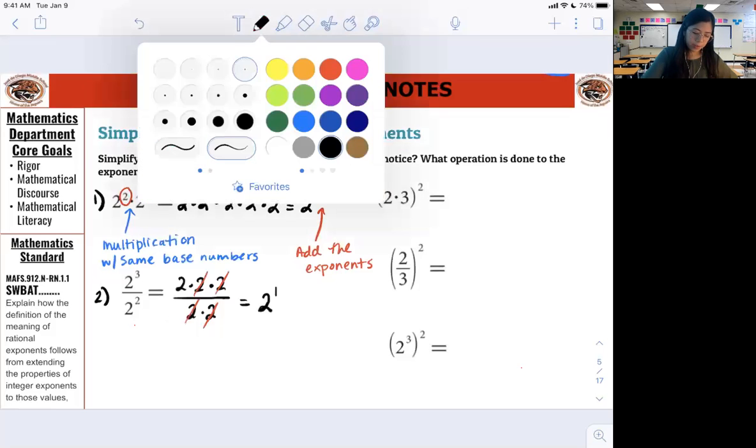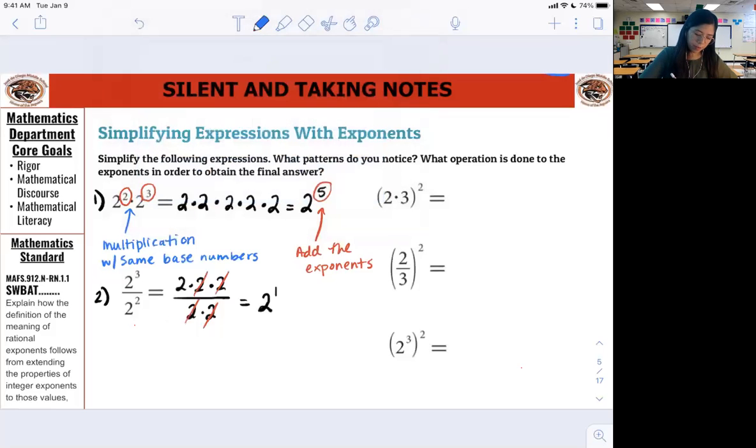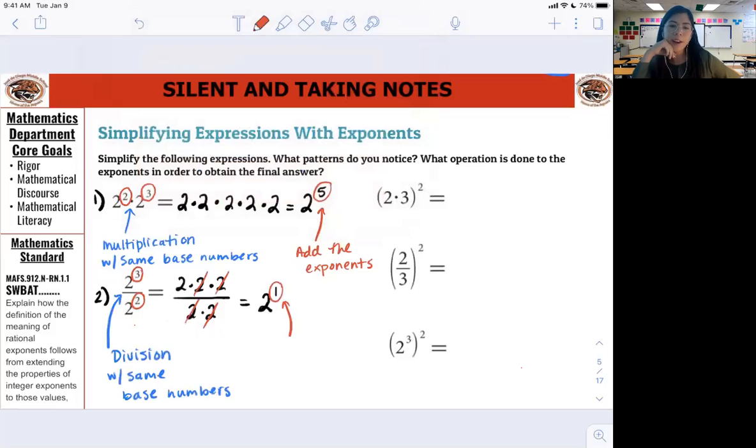So, let's see what happened. Originally, what operation were we doing here? Division. I had division with the same base numbers. And then I had a 3 and a 2, and that became a 1. So this time we're not adding the exponents.